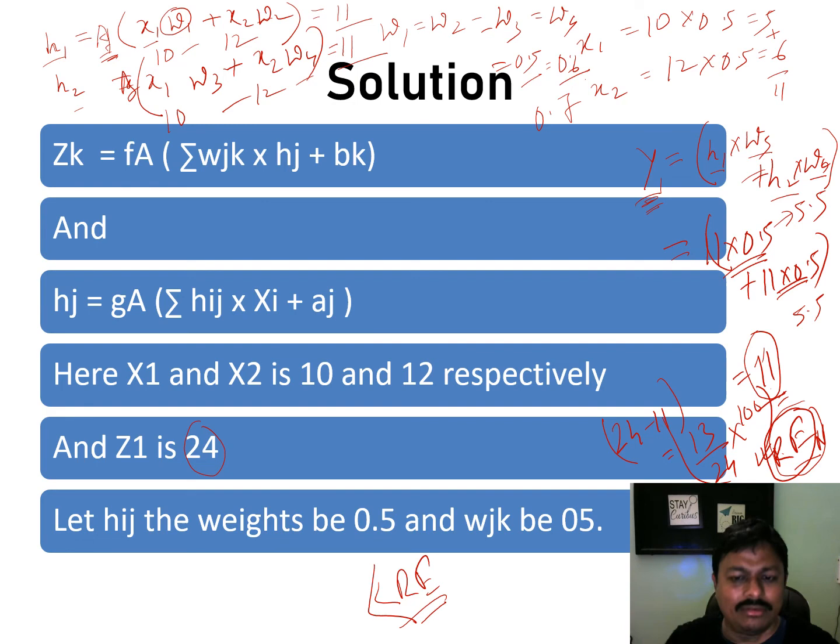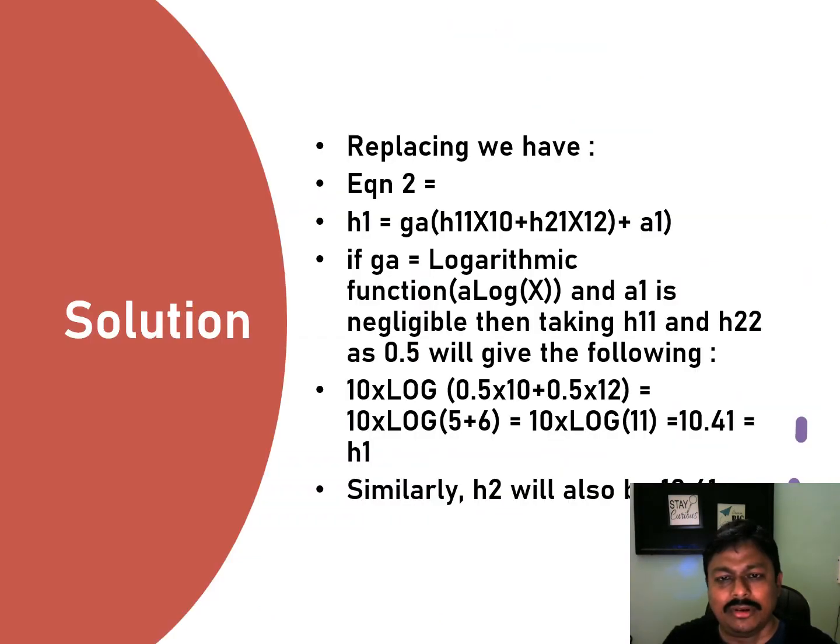Then we go for predicting the unknown for some inputs which are not included in the 70% or 30% of the available set of data. Okay, now you see this is more or less the solution of this example problem.